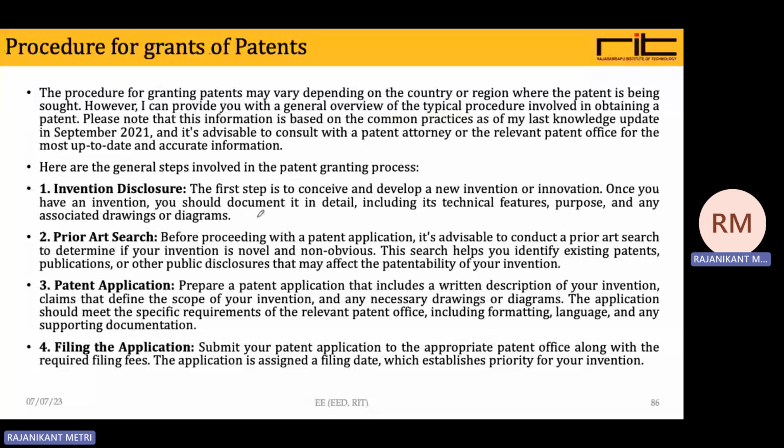The first step is invention disclosure. The first step is to conceive and develop a new invention or innovation. Once you have an invention, you should document it in detail. If you have got an idea about an innovation, you should document it, including its technical features, purpose, and any associated drawings or diagrams.